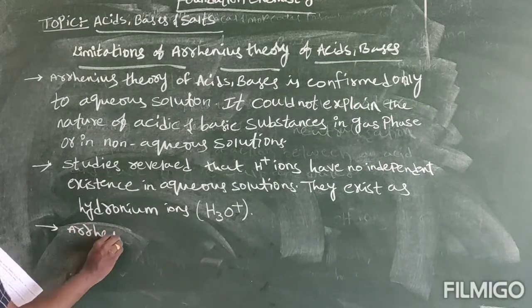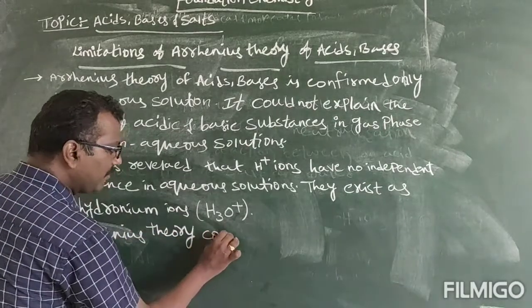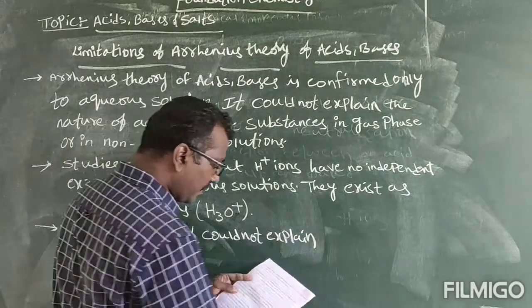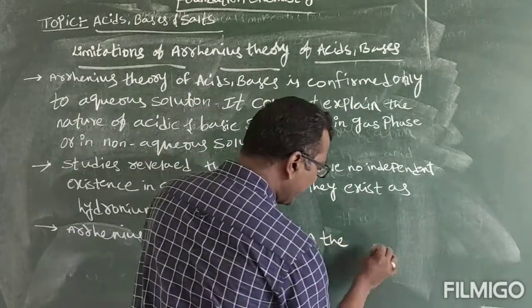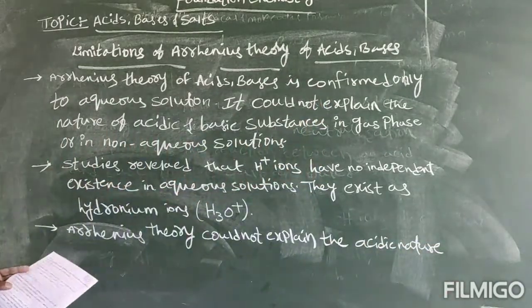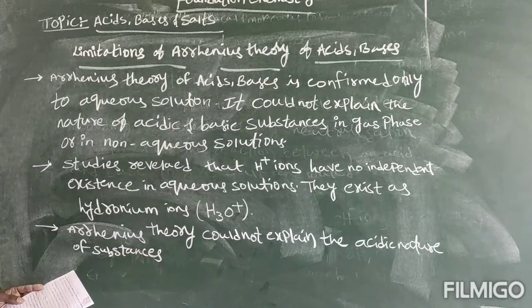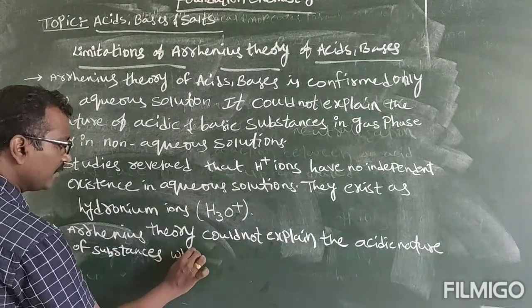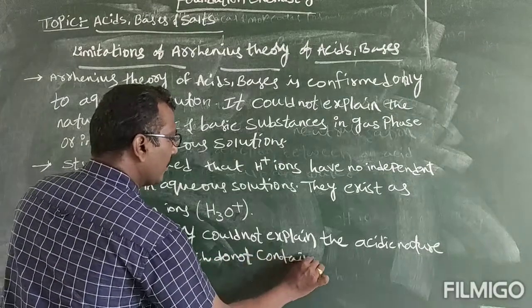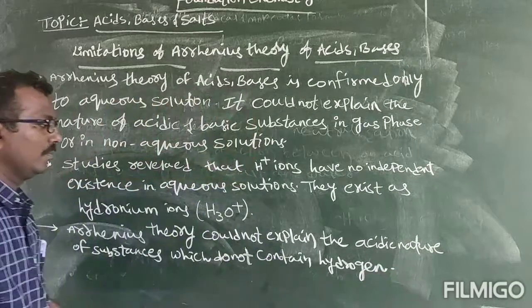Arrhenius theory could not explain the acidic nature of substances which do not contain hydrogen.